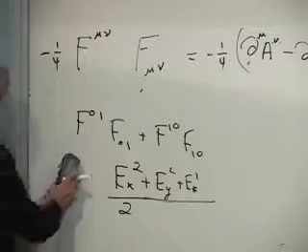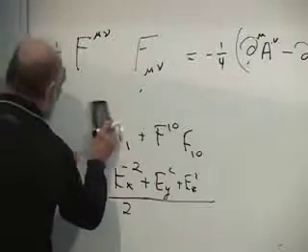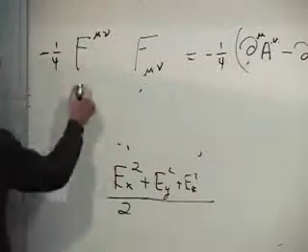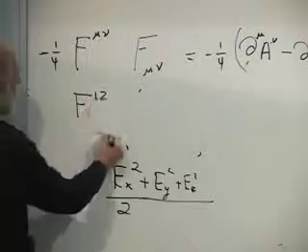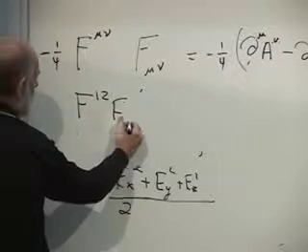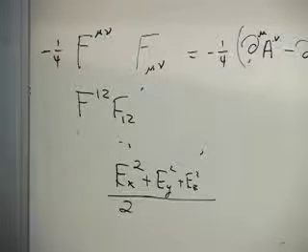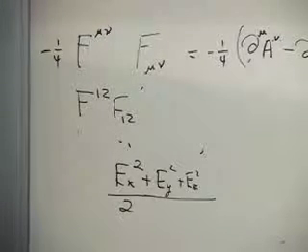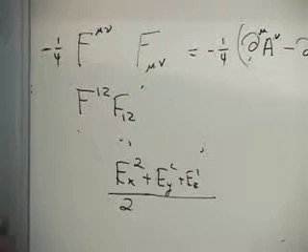What about the space-space components? Again, minus a quarter. Let's look at one of them. The space-space components could have F12. What is F12 times F12? First of all, what is F12? It's B3.